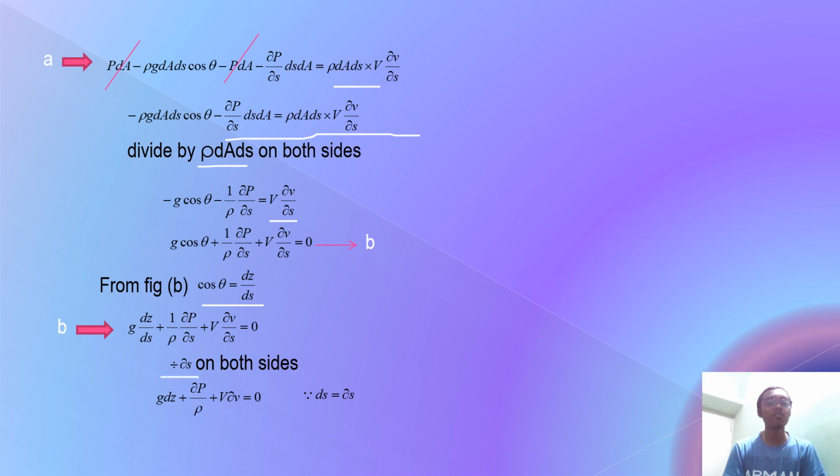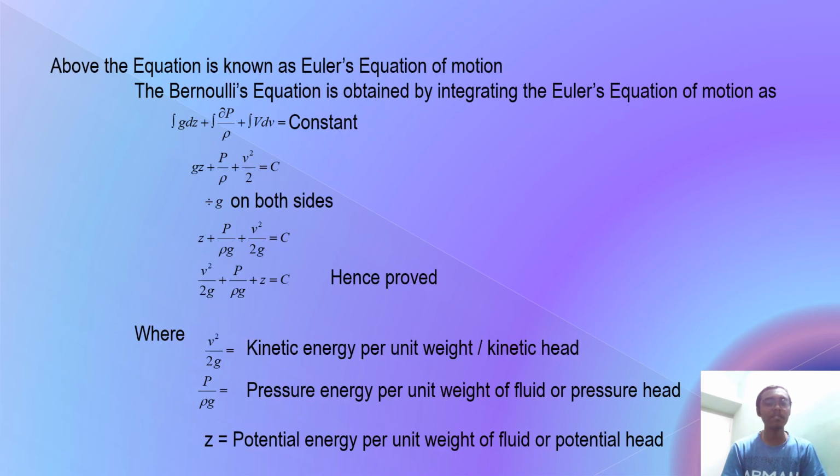Divide by ds on both sides. We get g into dz plus dP by rho plus V into dV is equal to 0. The above equation is known as Euler's equation of motion.